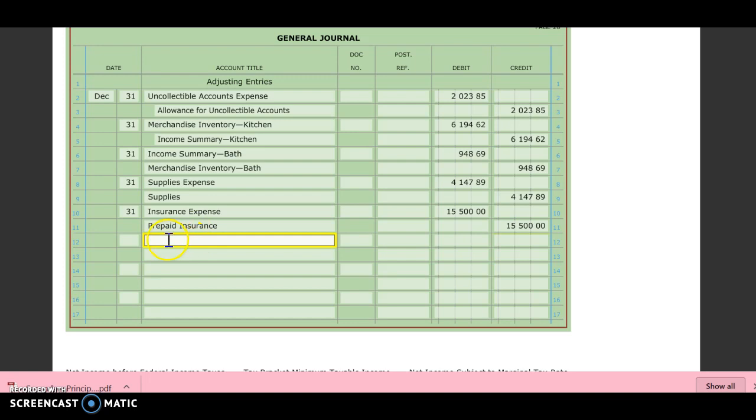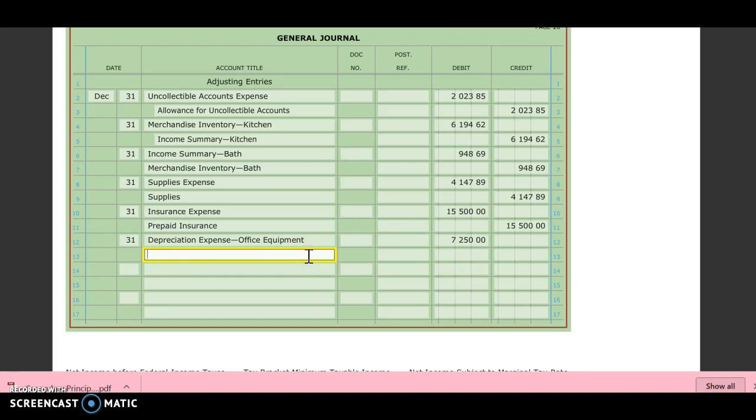Okay, next is our depreciation expense. For our depreciation expense, we are just going to use the expense that they give us. So we're going to debit depreciation expense office equipment, and they tell us in our directions that is 7,250.